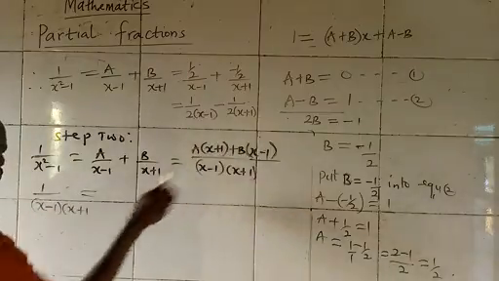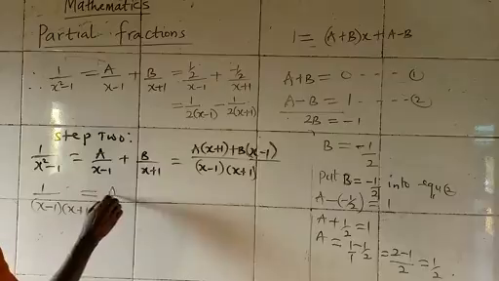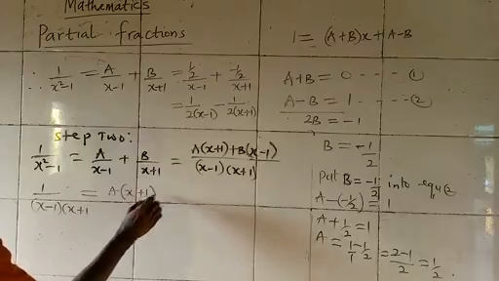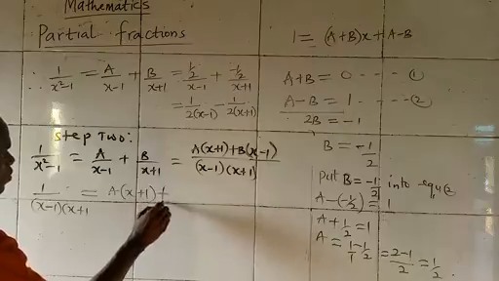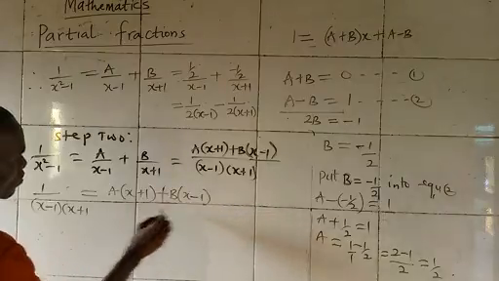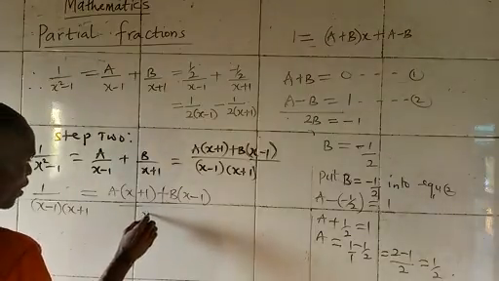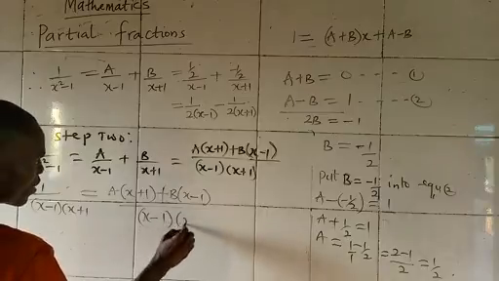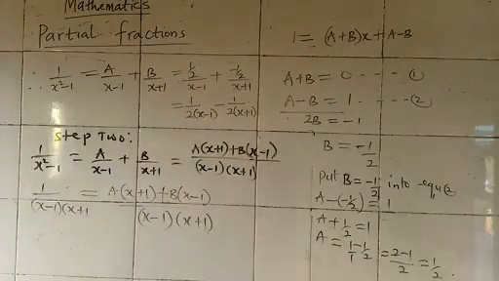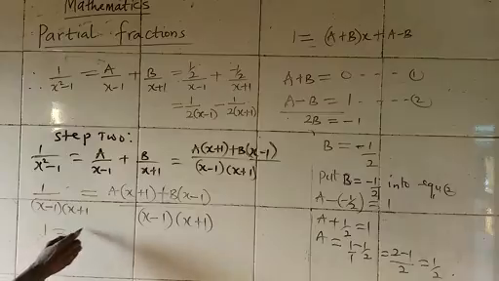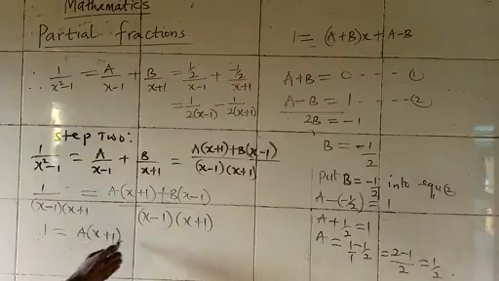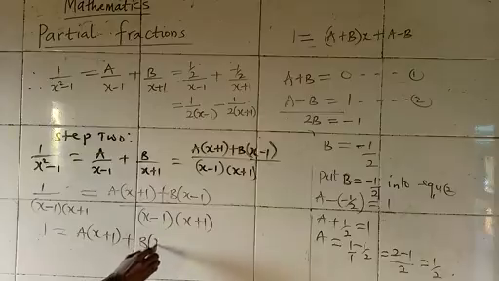What was the final result there? The final result was A (S plus 1) plus B (S minus 1) all over S minus 1 and S plus 1. Now you can see that we have the same denominators on both sides. It means that I can do away with the denominators. At the end, I will be having 1 equals A (S plus 1) plus B (S minus 1).